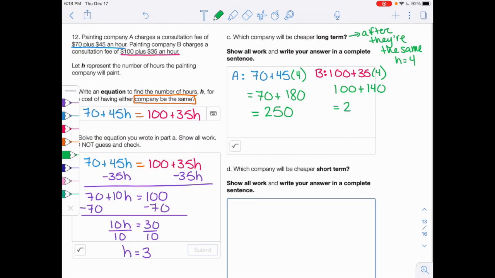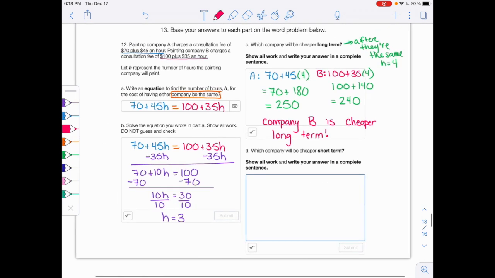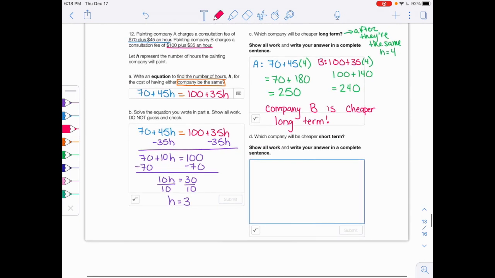So that's actually equal to 240. So company B is cheaper long term. And let's see, short term means before they're the same.